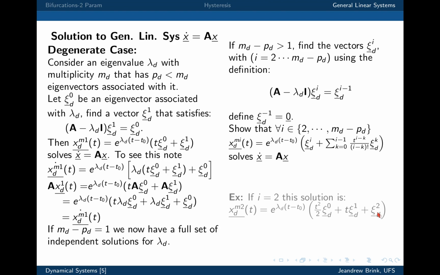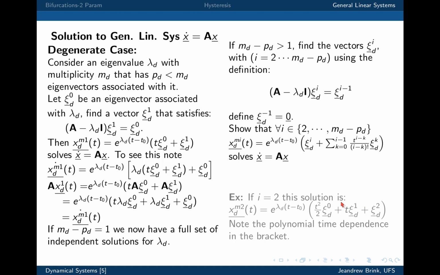So you can once again see that this solution is independent from that one because it has a t squared in front of the vector. So you're guaranteed independence, and you can prove that it's a full solution. So basically, all the solutions have the form that you have an exponent in front that comes from the eigenvalue, and then you have this polynomial of things that are constructed from the eigendirections.